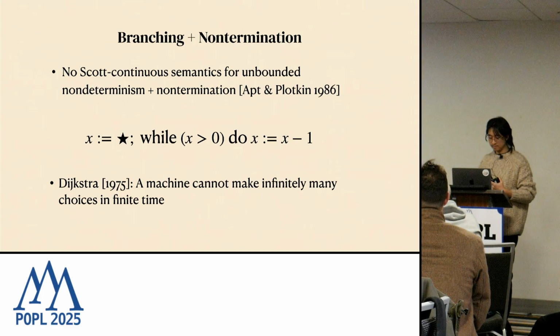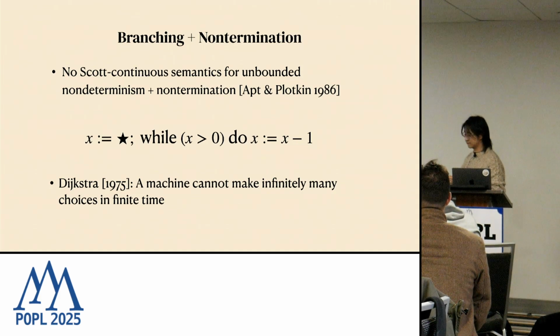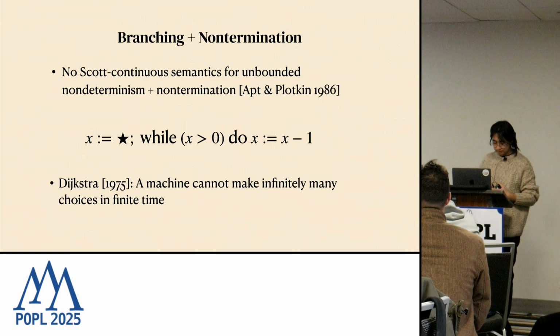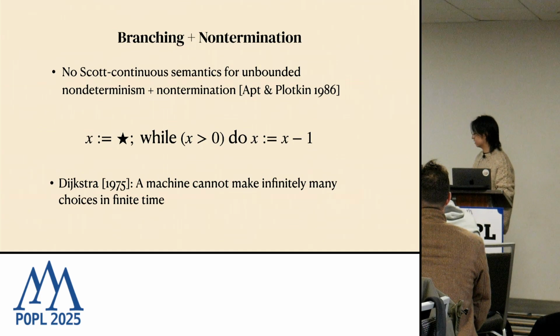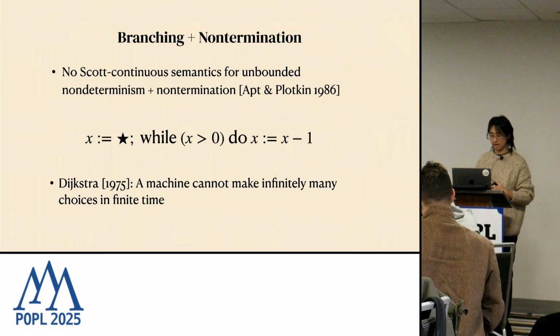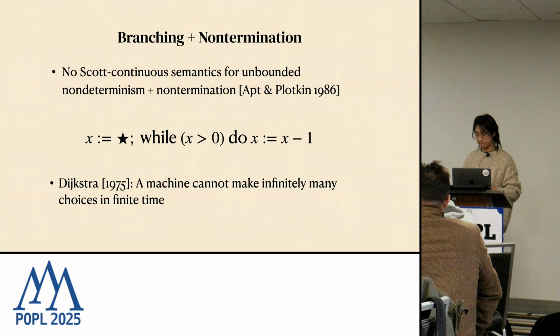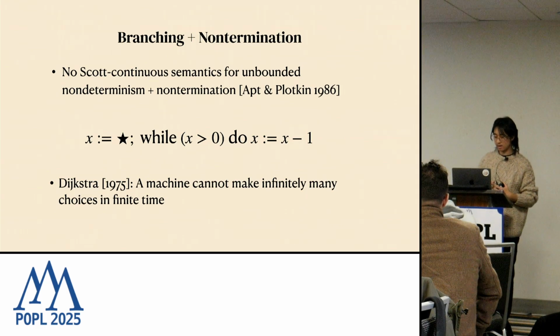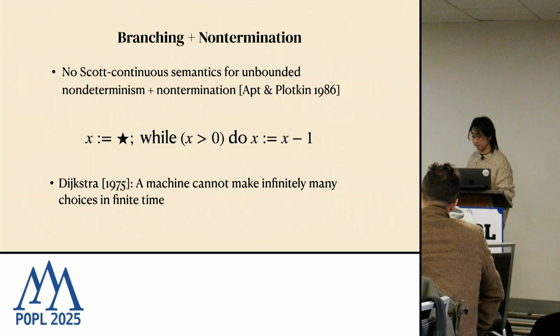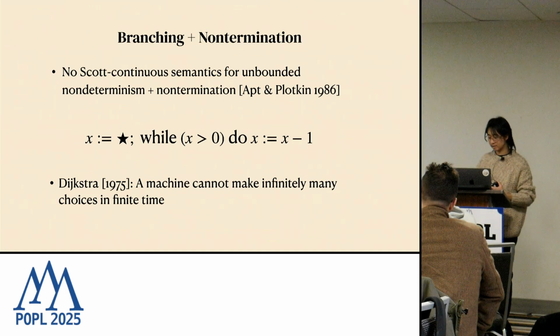So it makes sense that for any one branch of execution of this program, the program will surely terminate. You choose any natural number to set to x, and the loop will terminate in a finite number of steps. And yet, the view that pops up in the semantics is that if we instead look at this from the perspective of a machine that has to explore every branch of execution, we see that there are an infinite number of branches to explore.